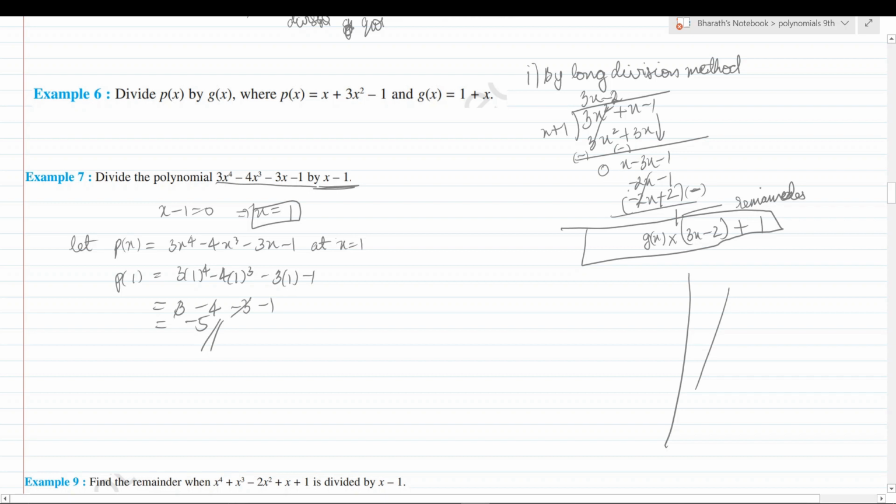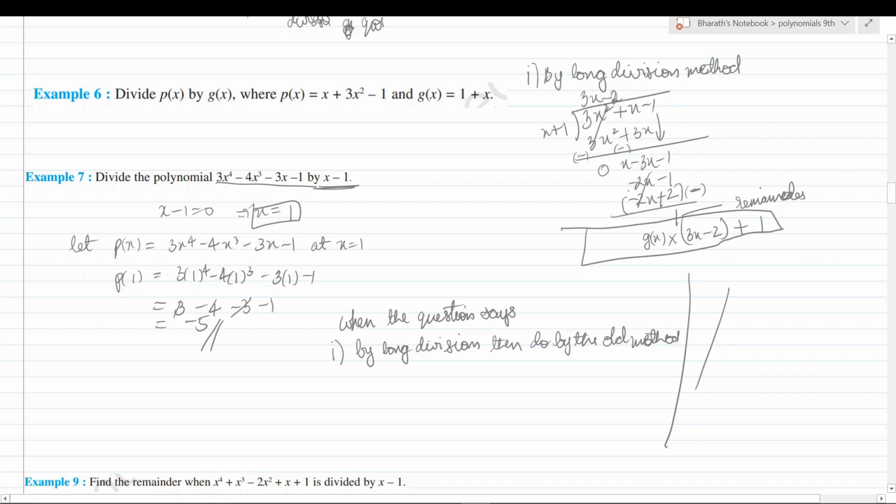This is a far easier method, but when the question says by long division, then do it by the old method which I showed you just before.